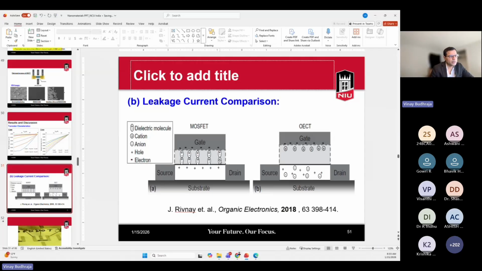In the case of OECT, it's volumetric capacitance based, because when you apply the voltage between gate and source, instead of having the charge electrostatically separated, they are being separated due to the electric field. And the charge in the case of OECT can easily travel between gate and the semiconductor through the electrolyte.